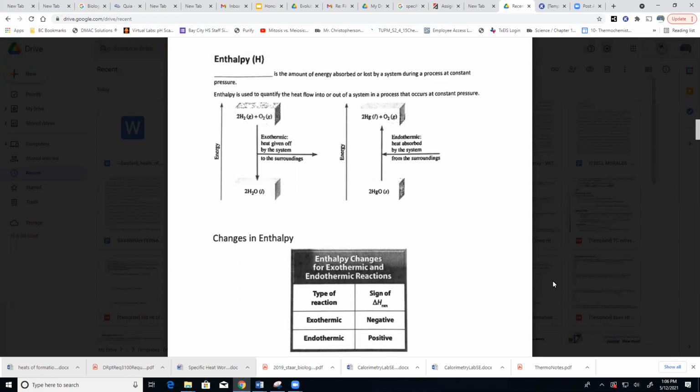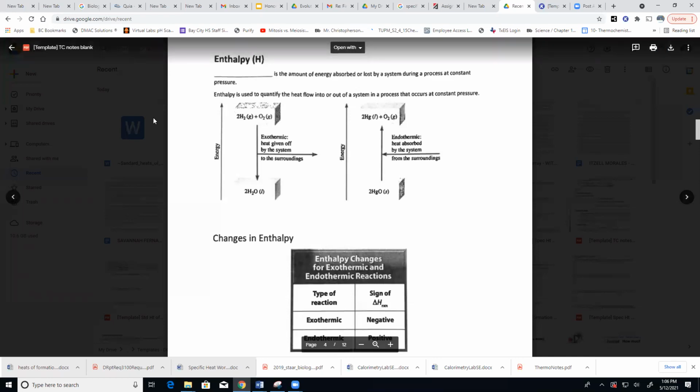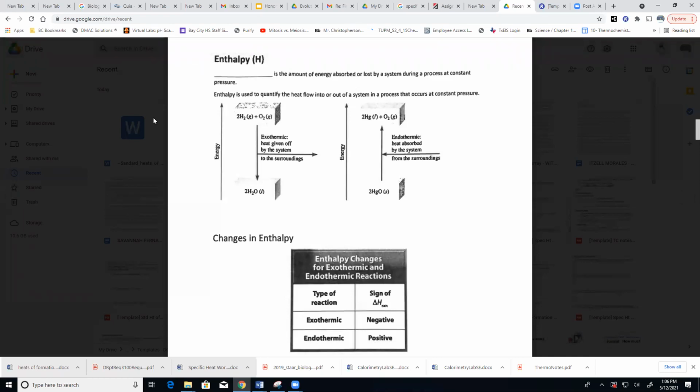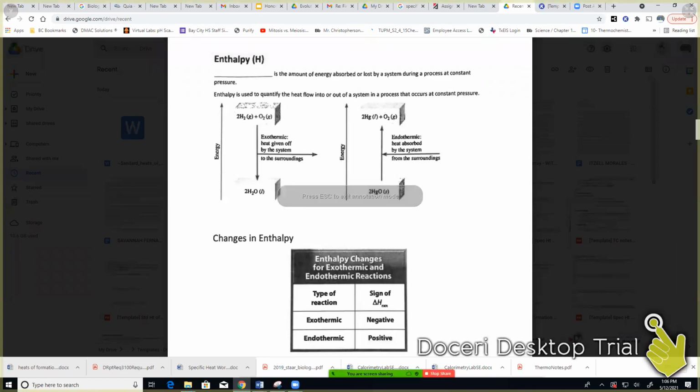All right, so today we're going to be talking about enthalpy, and more importantly about changes in enthalpy. Enthalpy, which is represented by H, is the amount of energy absorbed or lost by a system during a process.